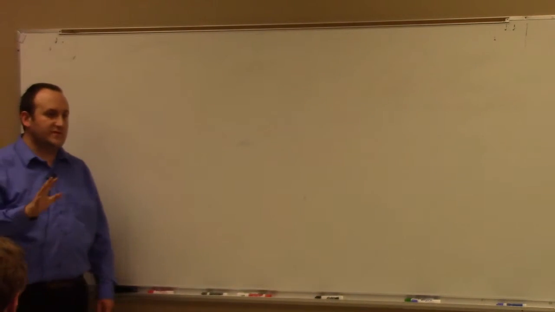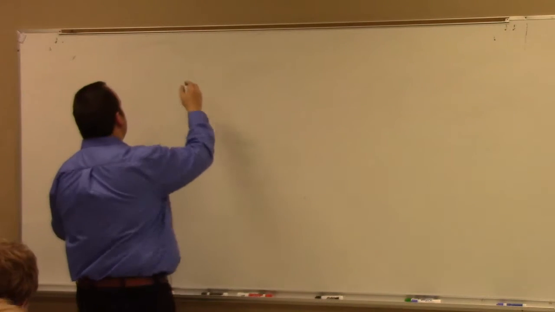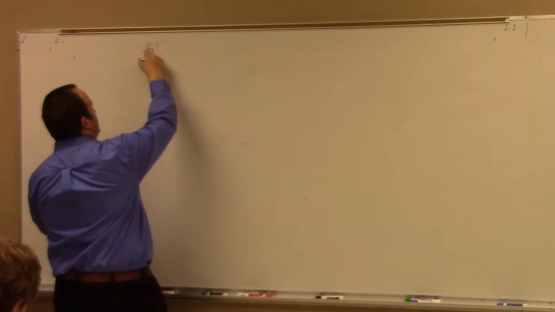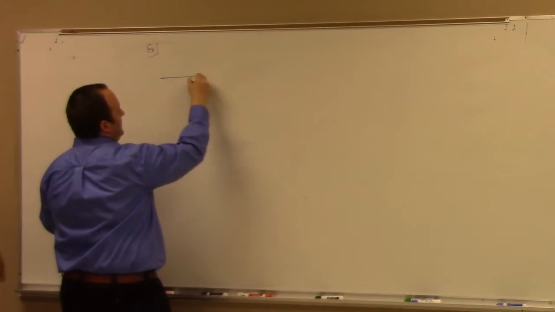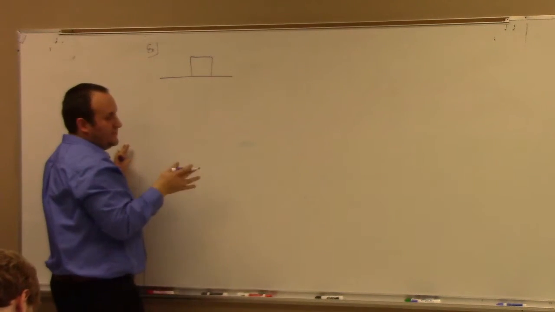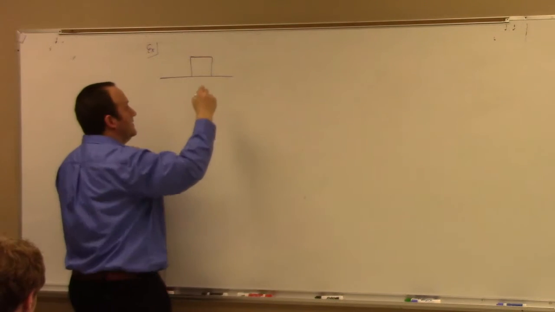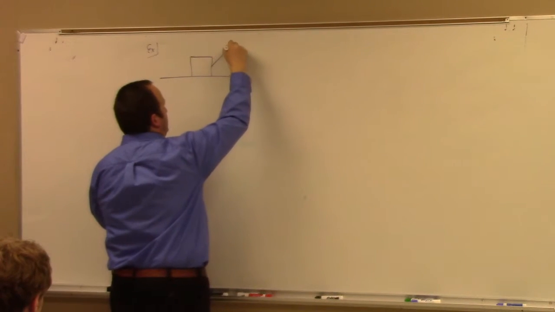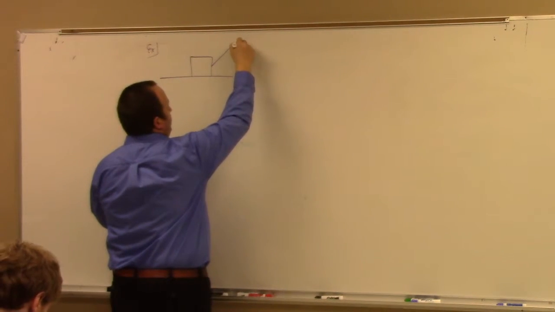I'm going to do a really simple example next that illustrates why the normal force is not always just gravity. If I have a box like this, and I've been doing a lot of pushing, let me do a pull. And I pull on it like this, right?